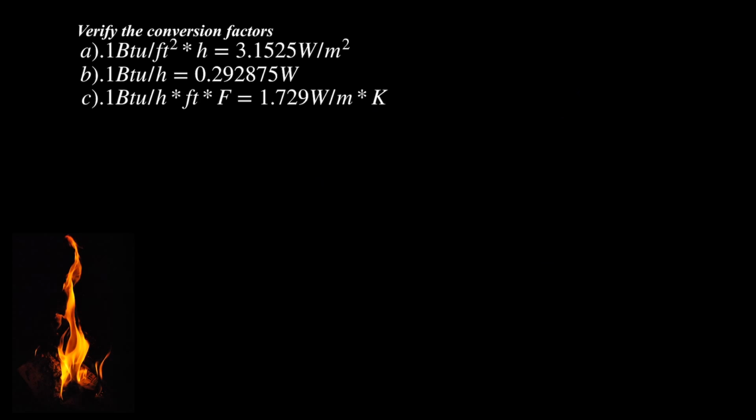That's all for radiation. Let's verify some of these unit conversions. This is really important. I would say memorize these conversion factors. So these would be really helpful to convert from English units to most of the metric units, and these are really important.